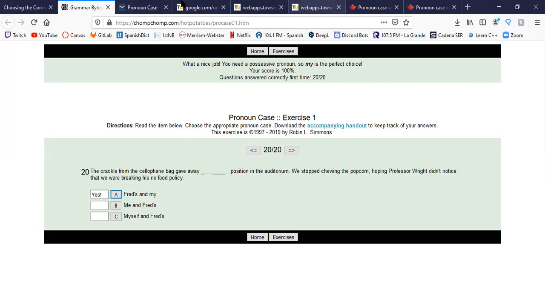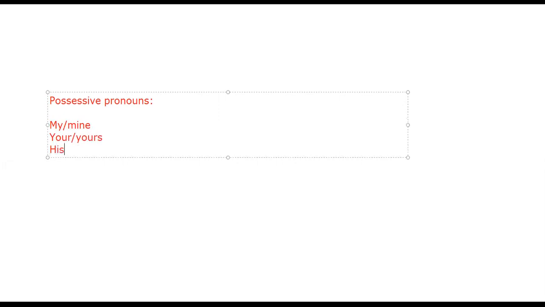Let's go ahead and share my whiteboard. Okay, so remember, with possessive pronouns, you have my, mine, your, yours, his, it's the same, hers, her and hers, its, our and ours.